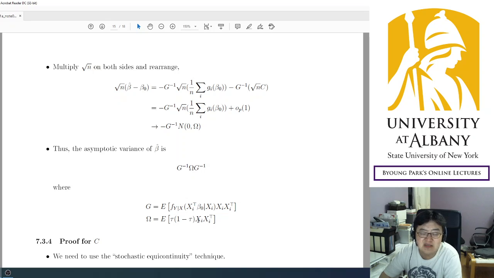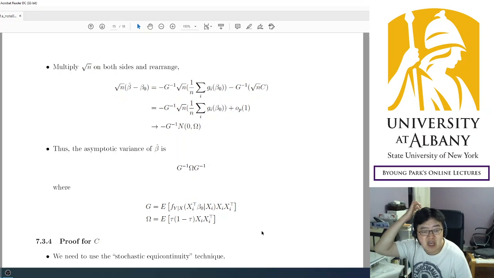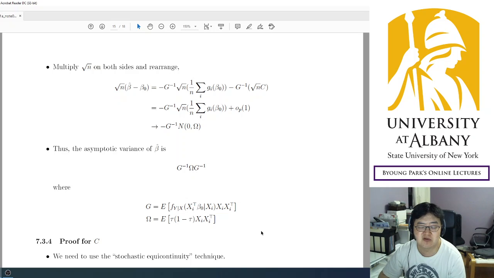In some sense it is similar, because XX prime is involved. In the OLS, we had sigma squared here in omega, so there was no density, and this part was replaced by sigma squared. So it is pretty similar with slight modifications, and you may understand it in the same way.